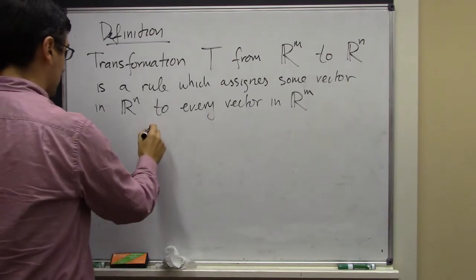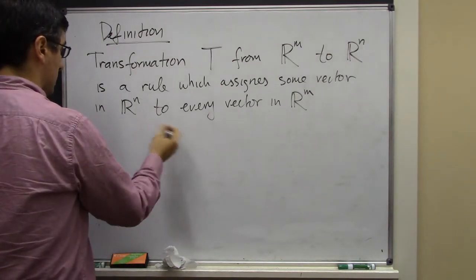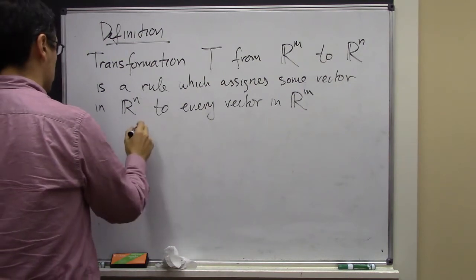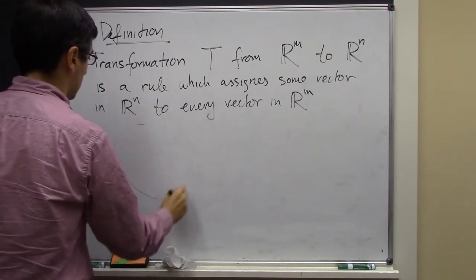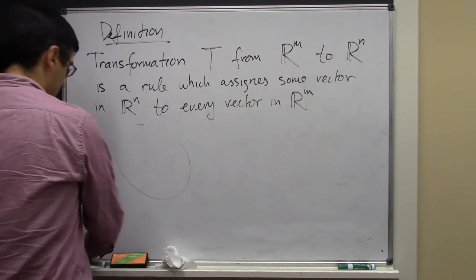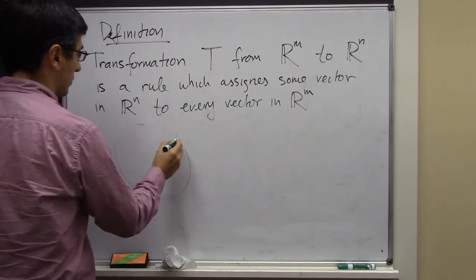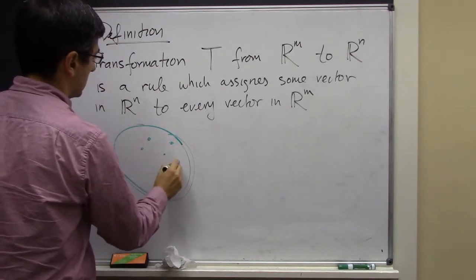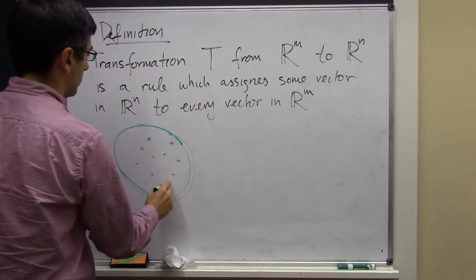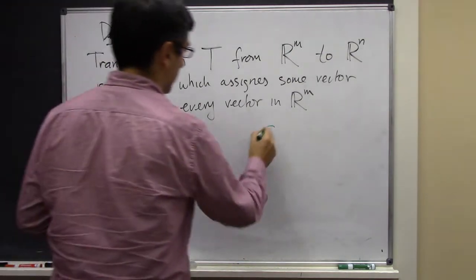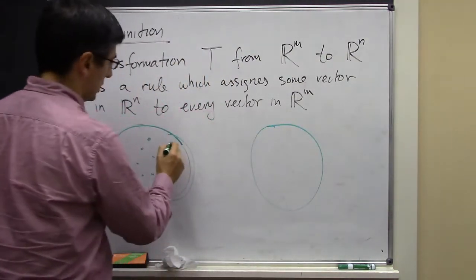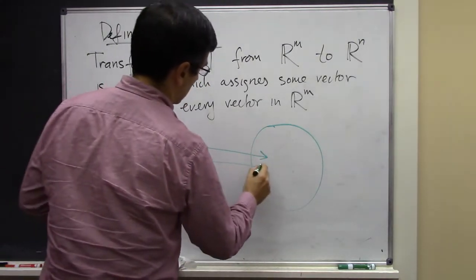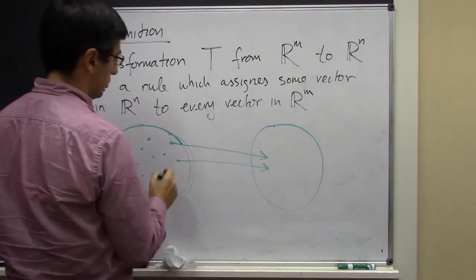Right, so you can imagine this R^m as a set. This is not a geometric picture of R^m, but as a set, it has some elements, and the elements are the vectors, right? There's infinitely many of them. You can imagine that you're just drawing arrows from here to there.